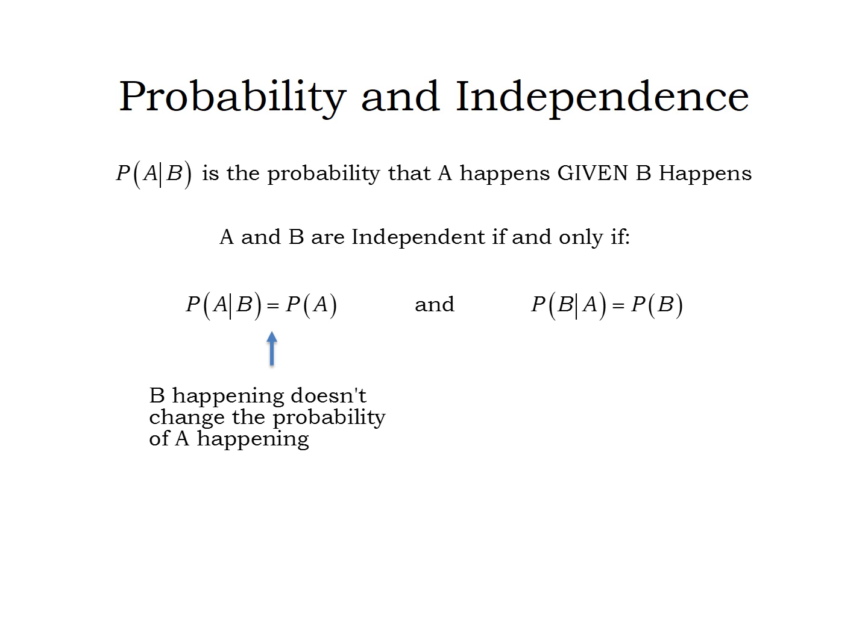And then just reversing roles, over here on the right-hand side, this is saying the probability that B happens given or knowing A happens is just the probability that B happens. So whether or not A happens does not affect the probability of B happening. That is the definition of independence. Now, if those probabilities are not equal, then we have dependent events.